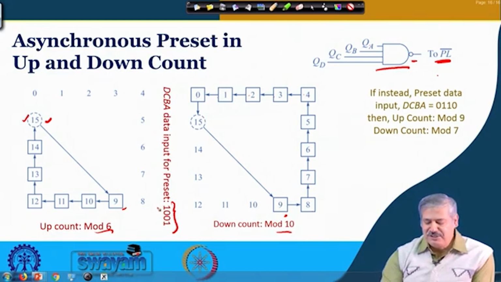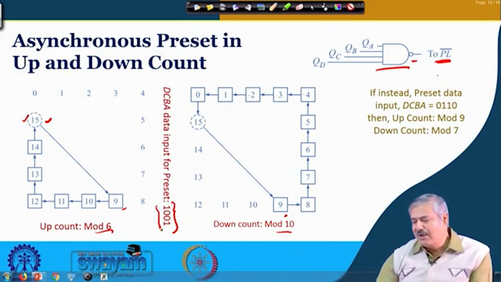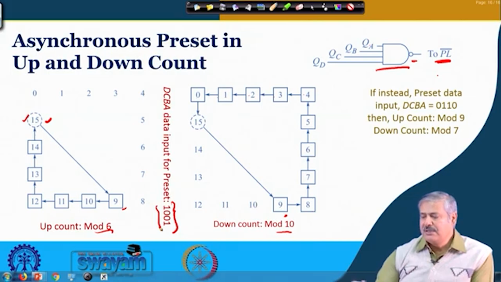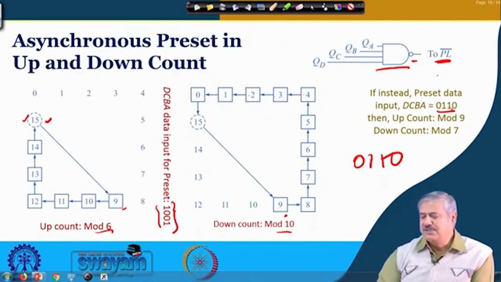Now, instead of 1001, you could have loaded any other value, and in up count mode and down count mode there could have been different modulo numbers available depending on your requirement. Okay. So, if instead of 1001 you are loading, say, 0110, then what will happen?